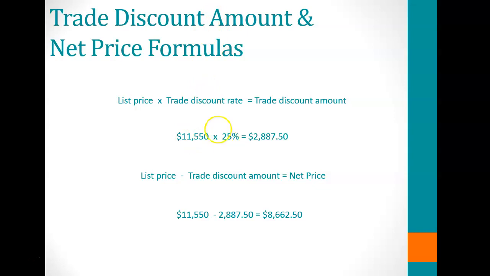To determine the amount of the trade discount, multiply the list price times the trade discount rate to get a discount of $2,887.50. So if the list price is $11,550, after the 25% trade discount, we would pay a net price of $8,662.50.